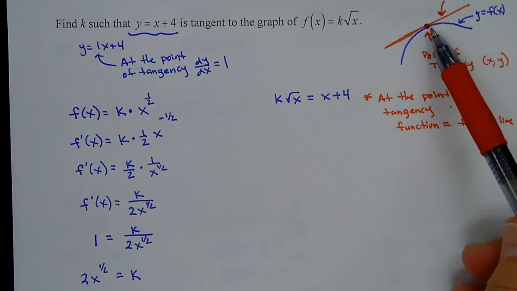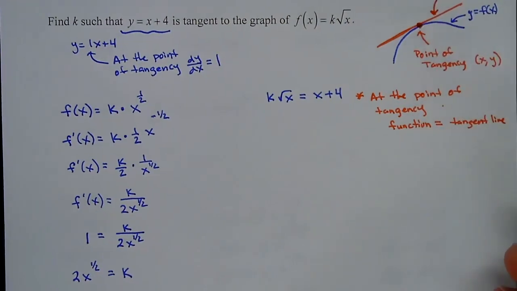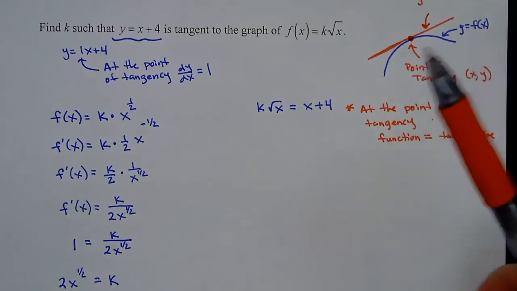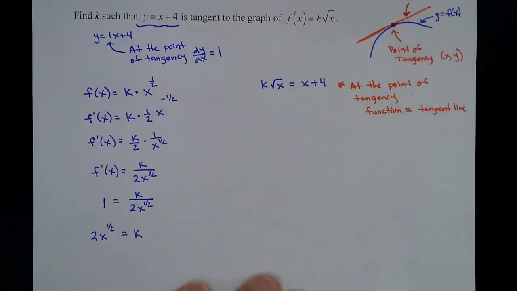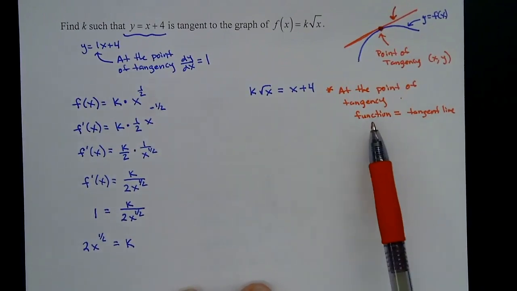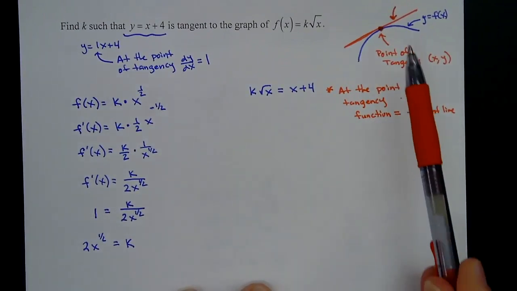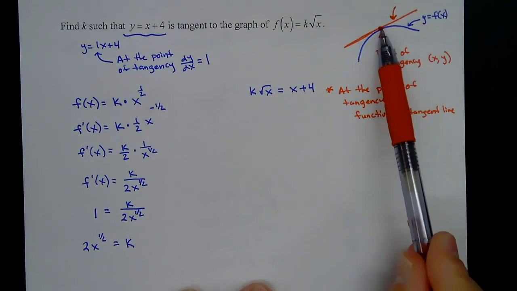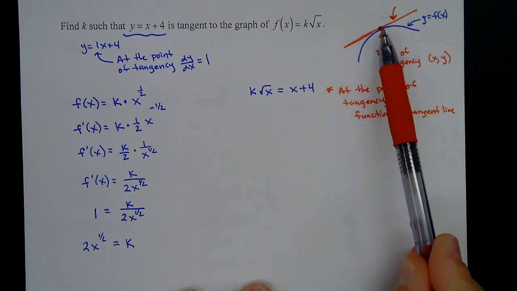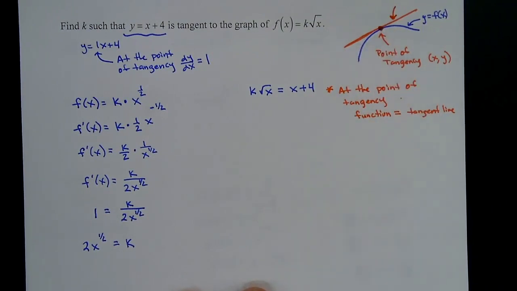Because this y equals f of x and y equals, right? We are basically going to do substitution. Because I know, let me zoom out a little bit. Because I know this function and this tangent line, those 2 curves share this point. That's what I was trying to say.